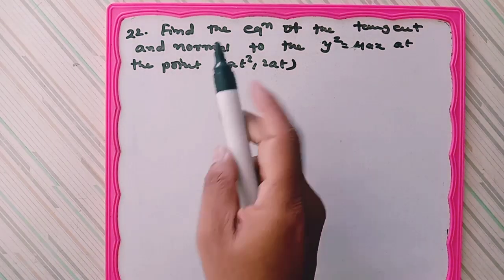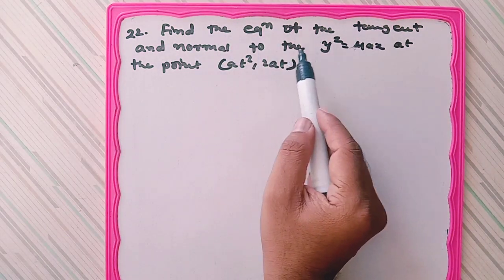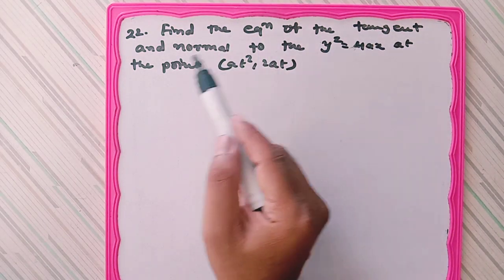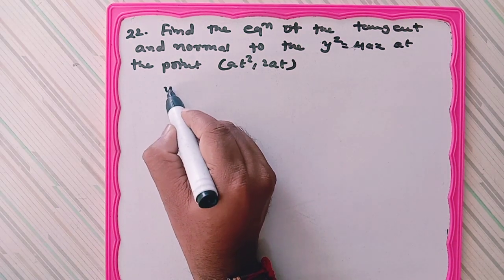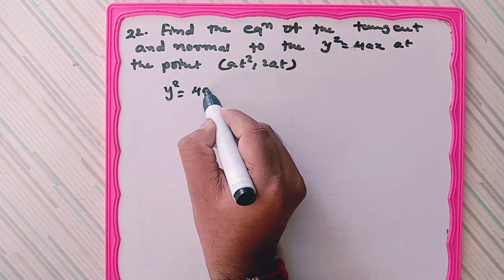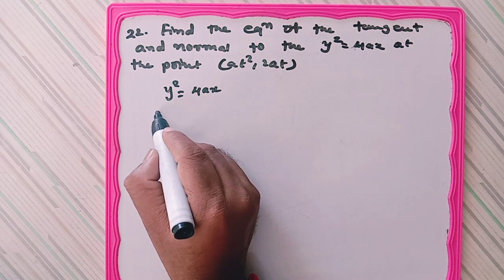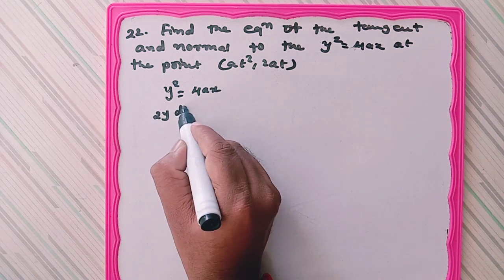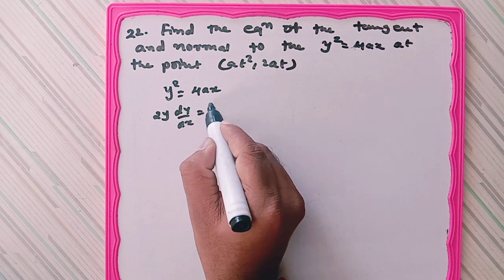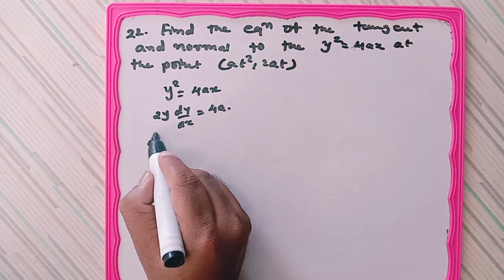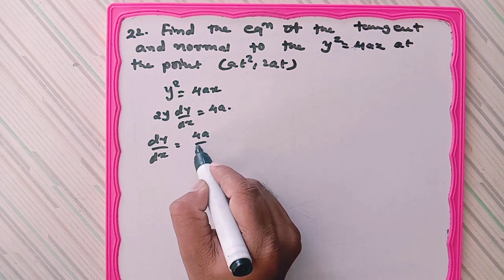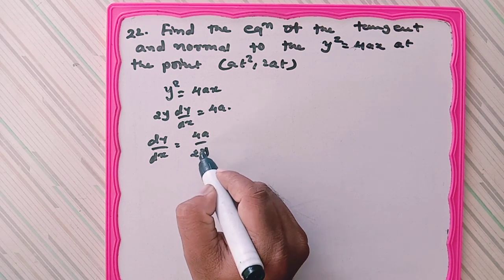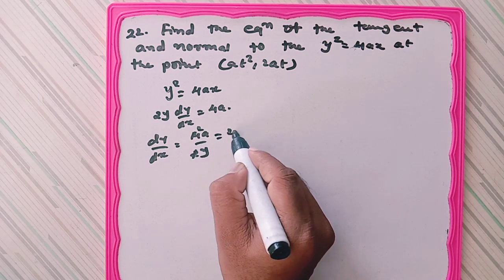Next question is: find the equation of the tangent and normal to the parabola y² equals 4ax at the point (at², 2at). So it is given y² equals 4ax, and so we can take differentiation: 2y dy/dx equals 4a, and so dy/dx equals 4a by 2y, the 2s are cancelled, then 2a by y.